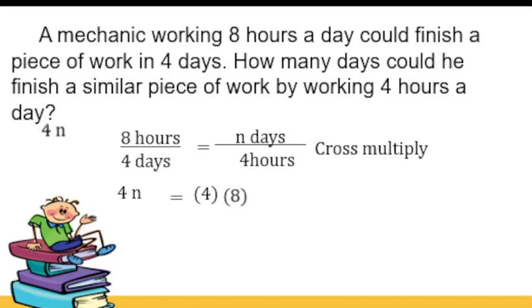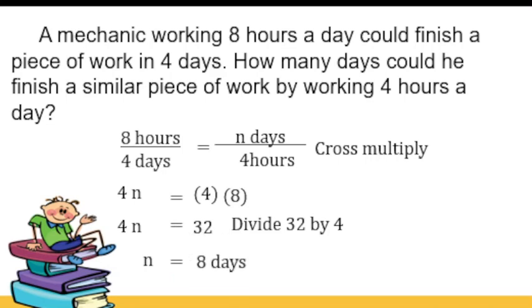And then 4 times 8 is equal to 32. Divide 32 by 4. So n is equal to 8. So 8 days. So of course, it lengthened the number of days, since you decrease the number of hours. Next.